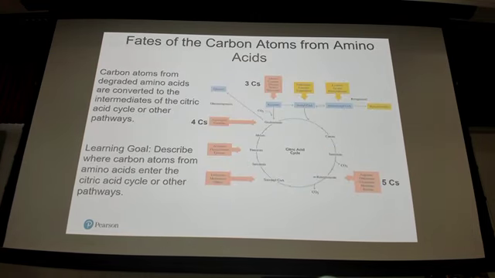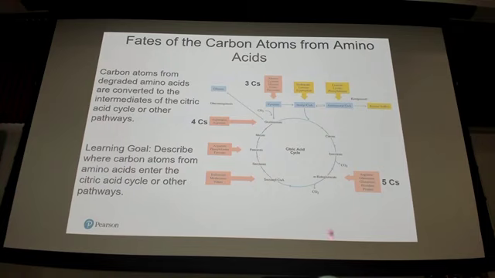So now we're going to talk about how amino acids, as we've kind of alluded to, can be used for a number of purposes, particularly as it relates to the pathways that we talked about in this block. Their carbon skeletons can be used to produce several intermediates in the glycolytic, gluconeogenic, and TCA cycles as shown here.